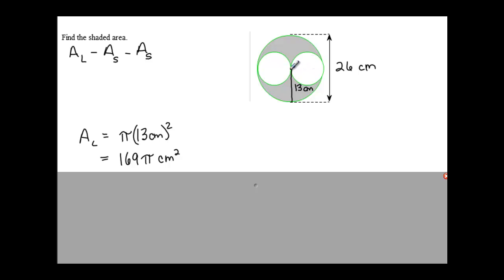So we just found that this distance would be 13 centimeters since the radius of the circle is 13. So the radius of the smaller circle here would be half of that, which would be 6.5 centimeters. And then the same thing here.